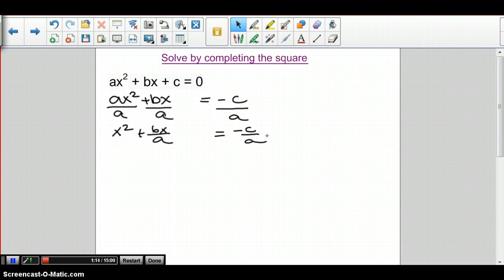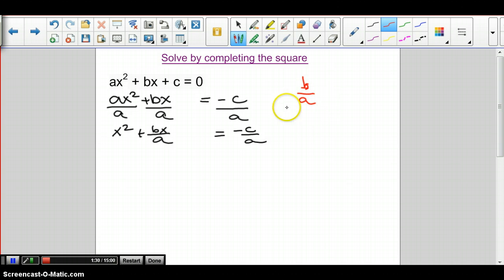If you remember what we need to add to both sides, we take the middle term without the x, which is b over a, divide that by 2 and square it.